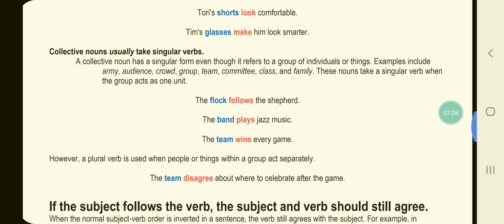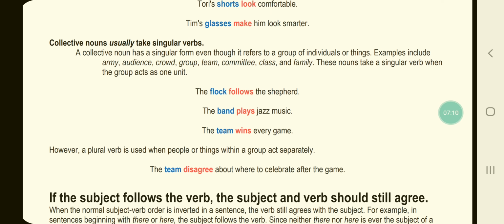Moving on to the next part, that is collective nouns usually take singular verbs. A collective noun has a singular form even though it refers to a group of individuals or things. Examples include army, audience, crowd, group, team, committee, class, and family.